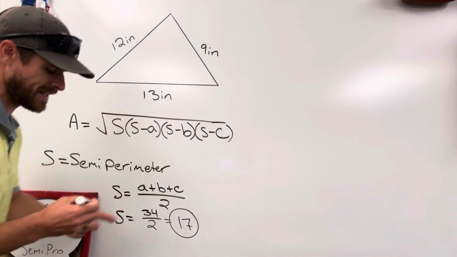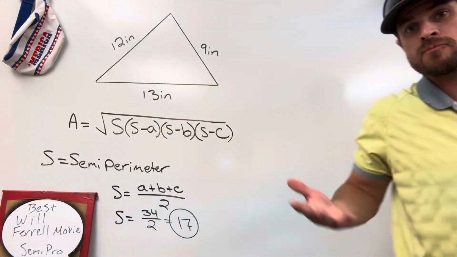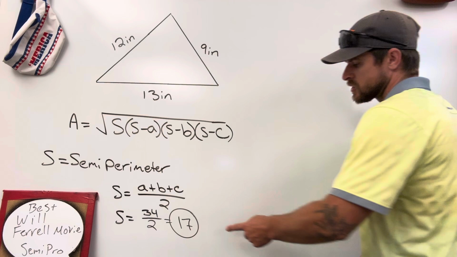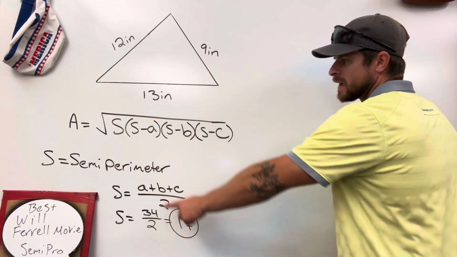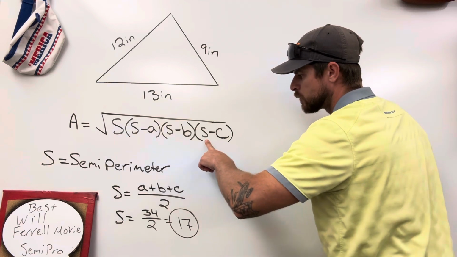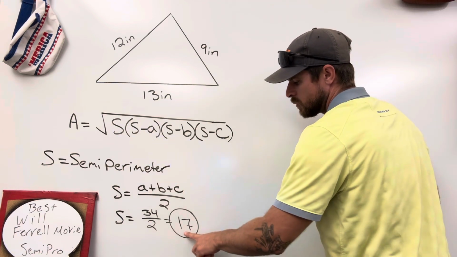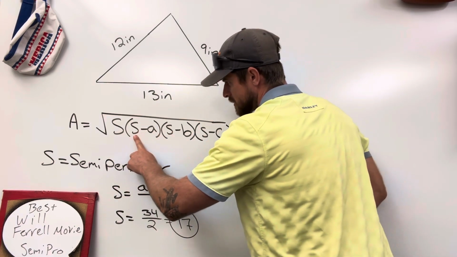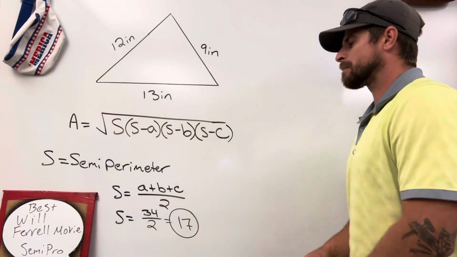Happy to see we're not getting decimals there. If we did, no big deal. Just makes our work later on a little bit more challenging. Okay, so our semi-perimeter is 17. If we look in Heron's formula, we've got 1, 2, 3, 4 places where S goes. Well, our semi-perimeter is 17, so that's a 17, that's a 17, 17, and 17, okay?